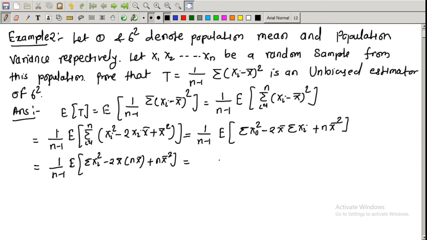So this term is twice n into x bar square, and with plus n into x bar square, one term gets cancelled.